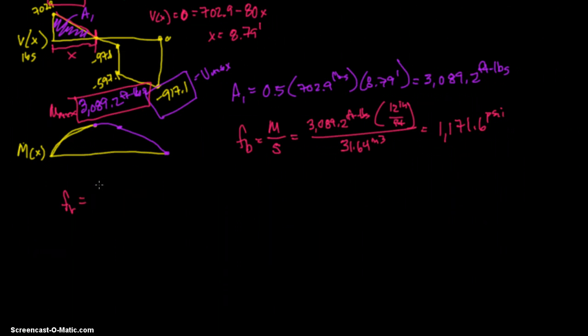And since this is a rectangular section, we can use the simplified equation, which is 3V over 2BD. And that equals, actually I want to take a look at it. That's what we're going to do in the next example. So I won't do this yet. Forget about that.